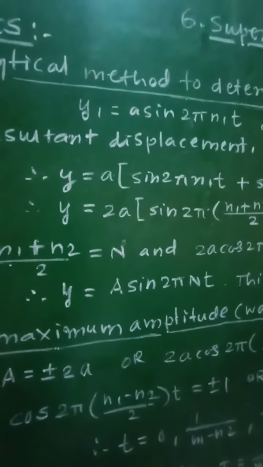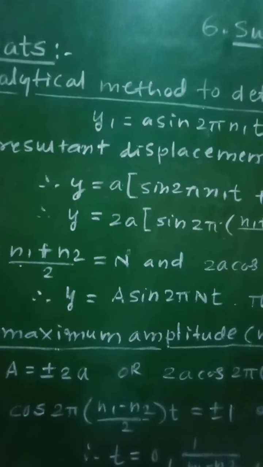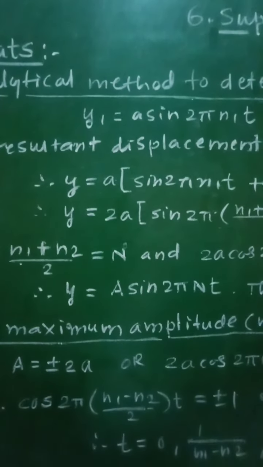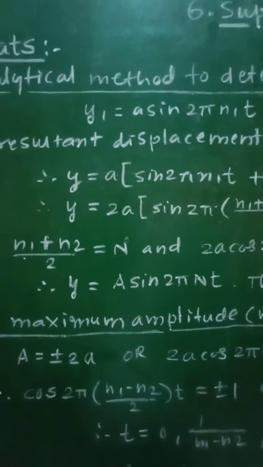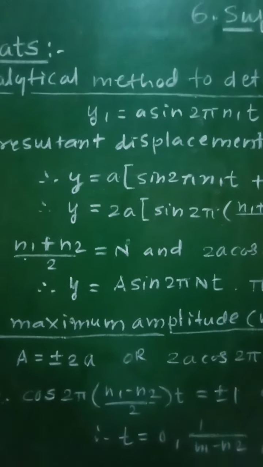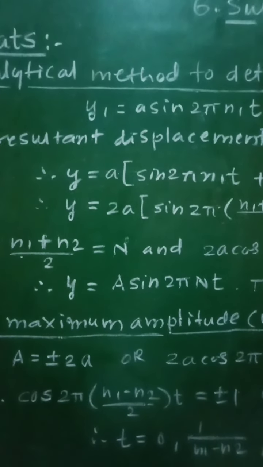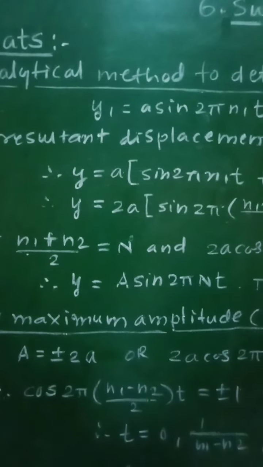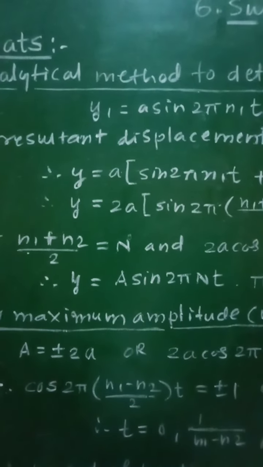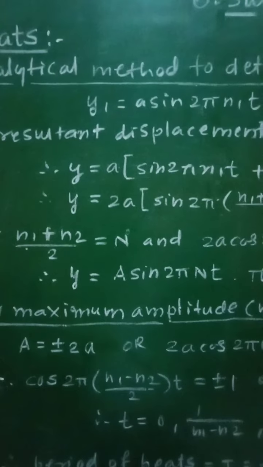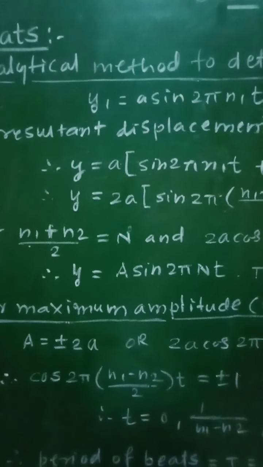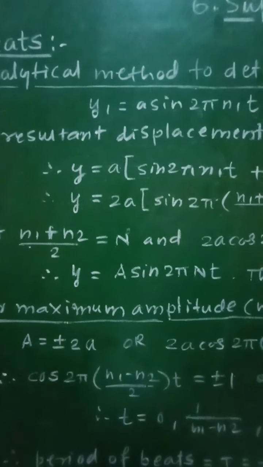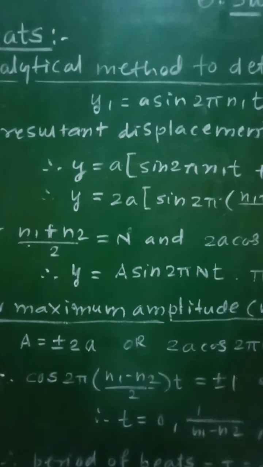For that purpose, let us consider two sound waves having same amplitude A and slightly different frequencies n1 and n2, which are meeting in phase at any point x. So the amplitude of both these waves is the same, equal to A, and their frequencies are slightly different as n1 and n2.